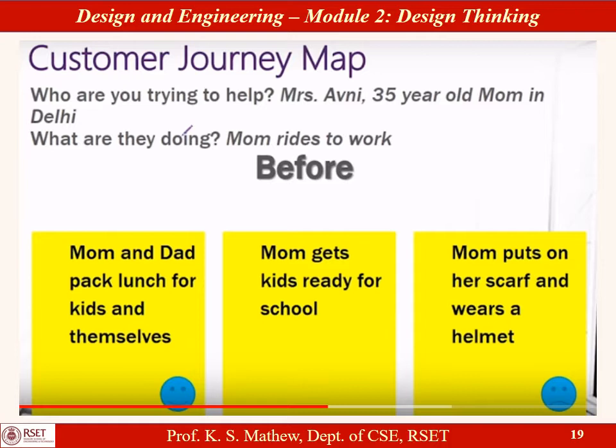Mom gets kids ready for school, and mom puts on her scarf and wears a helmet. That's what happens before. So you have the smileys here. This is happy: when she packs lunch, she is happy. This is neutral, there is no particular emotion as such. And when she puts on her scarf and wears the helmet, that is not a comfortable activity, so she feels sad at this stage.